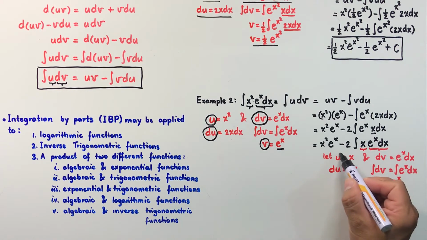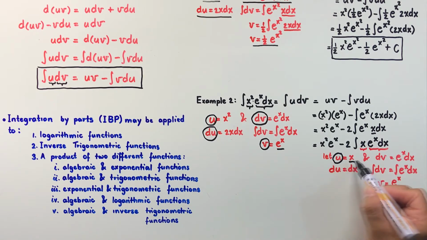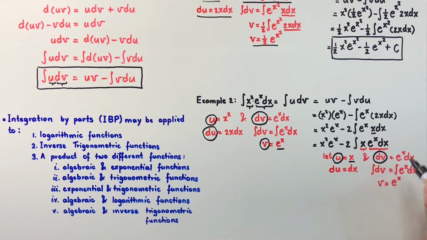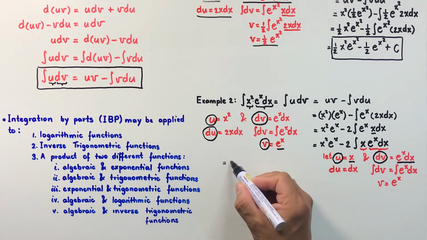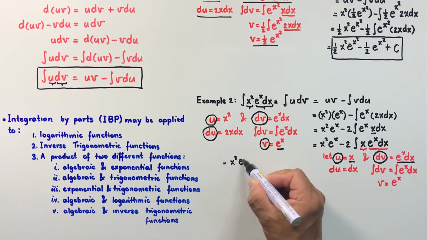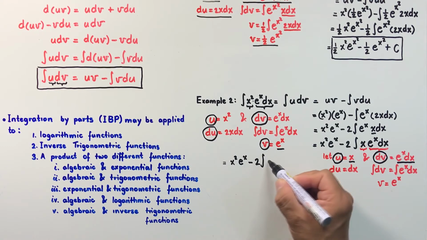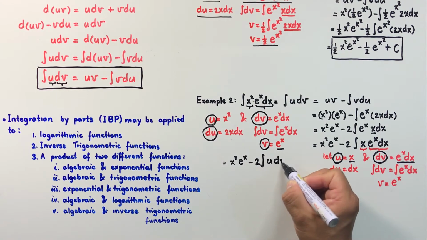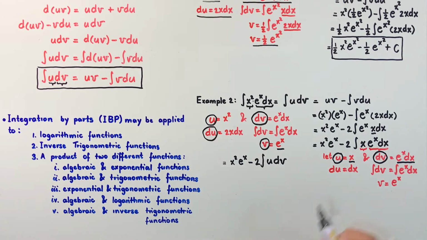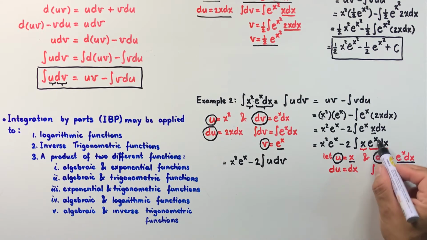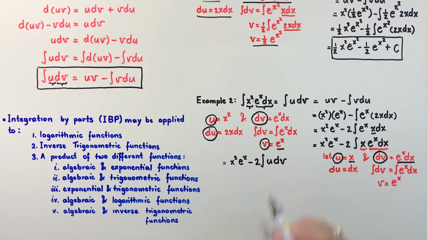Now that we have our u here, which is x, and our dv, which is this one here, then we can substitute this one to this integrand. So we have x squared e to the power x minus 2 times the integral of u dv, because our u is this x, and instead of writing e to the power x dx, we write dv.